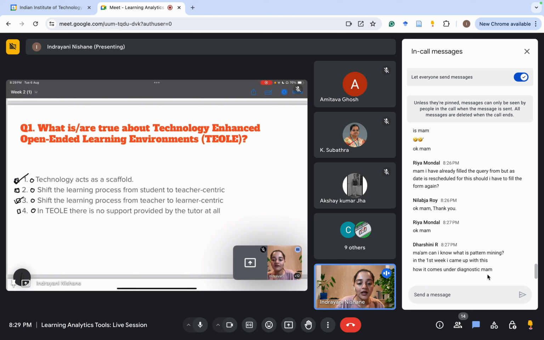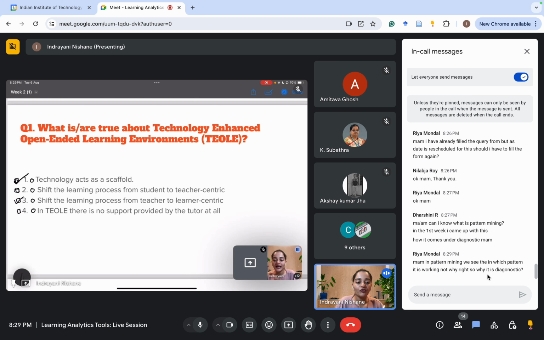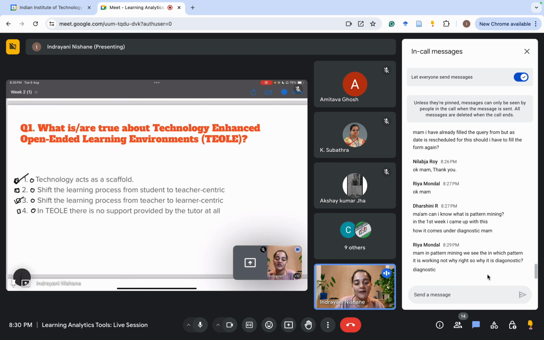To get all that information, I will mine this sequence of actions for patterns, like read, read, read, watch video, attempt quiz. That could be one pattern which I will identify from the sequence of actions for each learner, and how many times that has happened. This we will see in an upcoming video when we start diagnostic analytics.